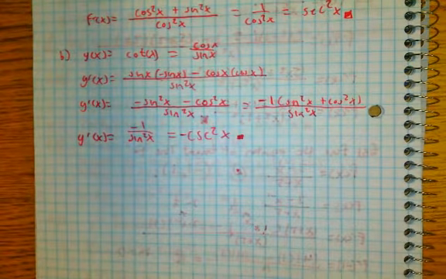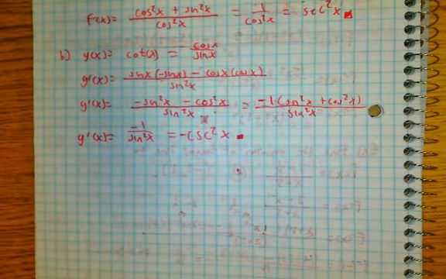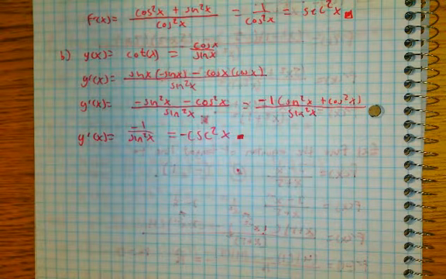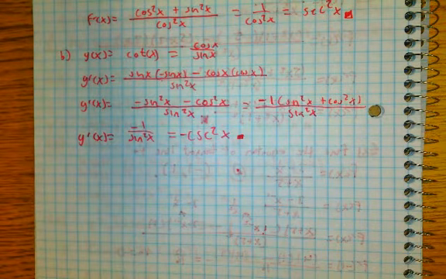Alright, next one. Let's pretend you have h of x equals secant of x. I'm going to rewrite that as 1 over cosine of x.